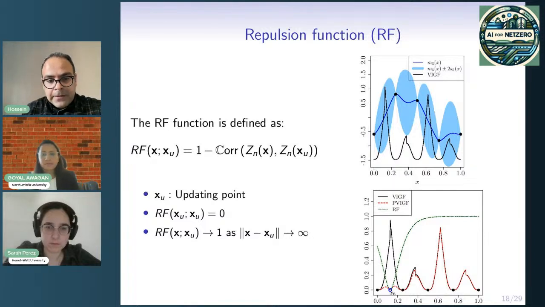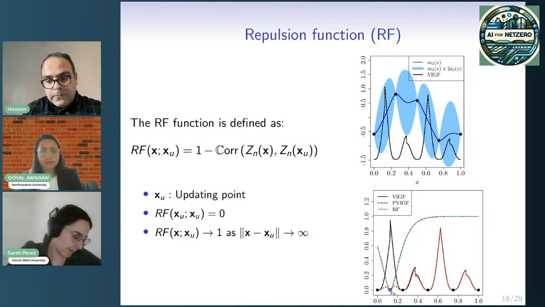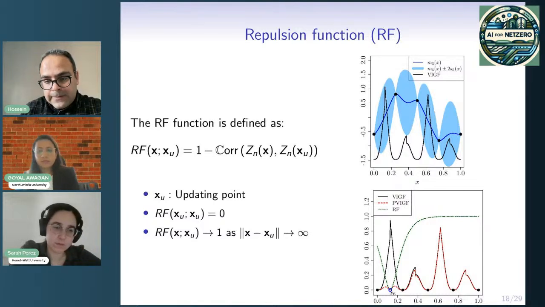Please note that xu is x6. I want to sample more points without evaluating the model at x6. So then the pseudo expected improvement, which is the red curve, becomes zero at x6, which is my updating point.